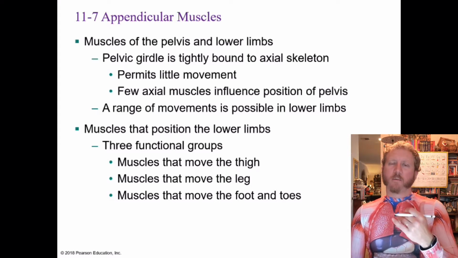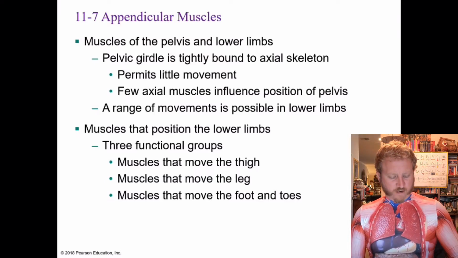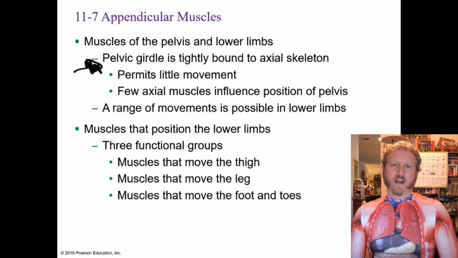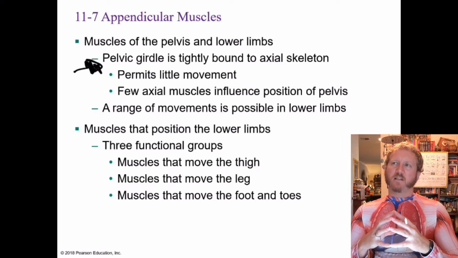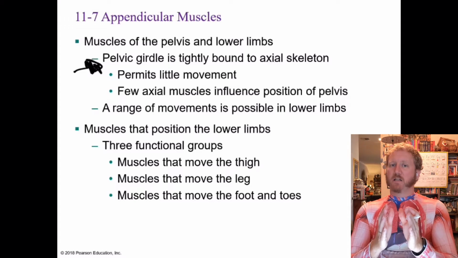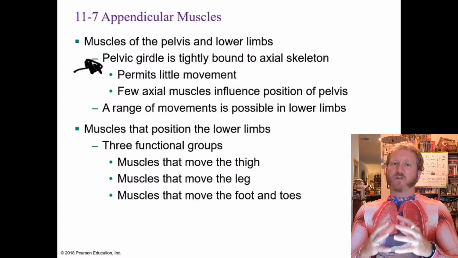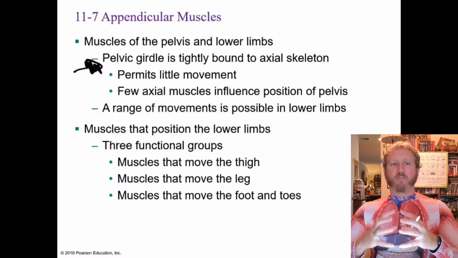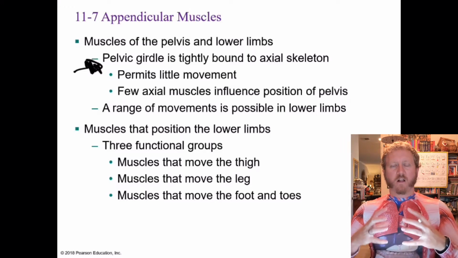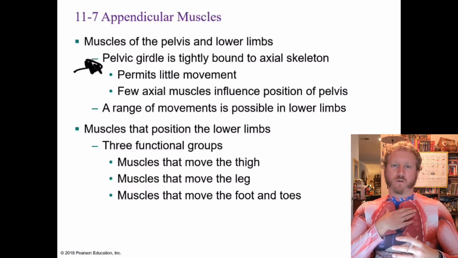So let me back up. I just want to point out something with this part right here. When we did the skeleton, the actual pelvic girdle itself, because of the joints and everything like that, is to a certain extent part of the axial skeleton. It's not, okay? It is an appendicular structure. However, those bones are much more tightly bound together than the bones of the pectoral girdle.